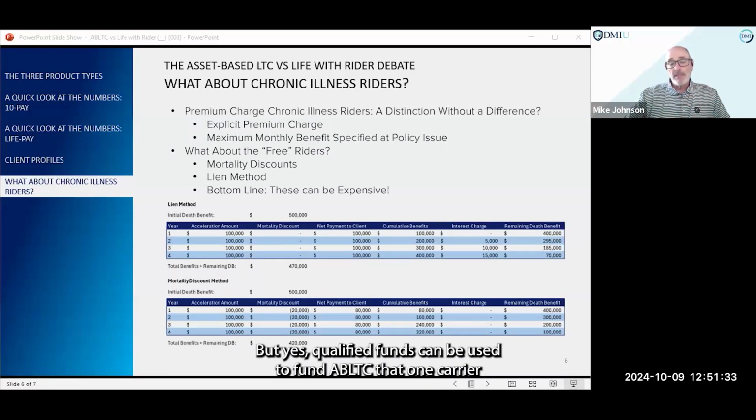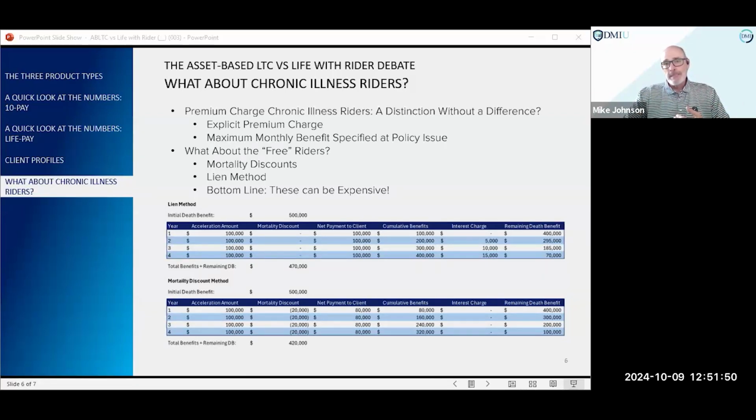But yes, qualified funds can be used to fund ABLTC. We have one carrier in particular that will use those funds in a single premium design. They'll stage that premium over the course of 10 years and spread out that taxable gain and make it a very favorable solution. There are ways you can work around that, so to speak.